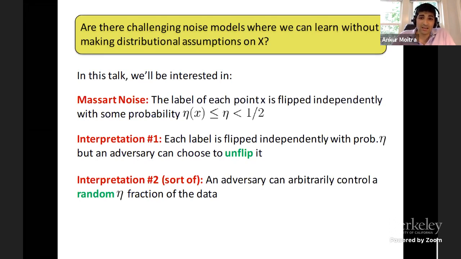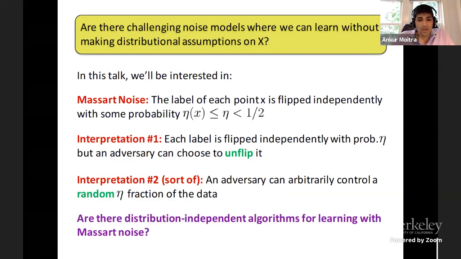The catch is that it's a random fraction of your data. There's a random eta fraction of your data where the adversary is now allowed to control whether the label is +1 or -1. And the main question I'll be interested in is: are there distribution independent algorithms for learning with Massart noise?